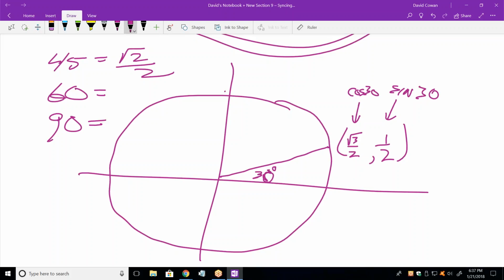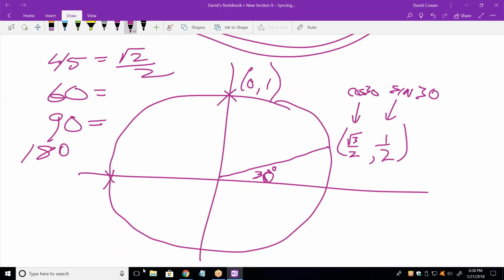Notice that is the coordinates of that point. 0, 1. And that's one of the things that makes it a little bit easier to memorize. These are called quadrantal angles. Quadrantal angles are multiples of 90. So what is 180 degrees?